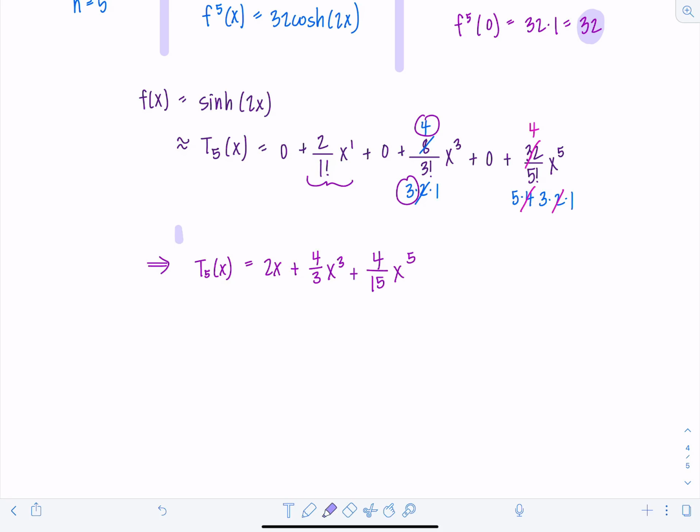And that is it. So notice the subscript here will match the highest degree term in your Taylor polynomial. So always check that when you're working these problems.